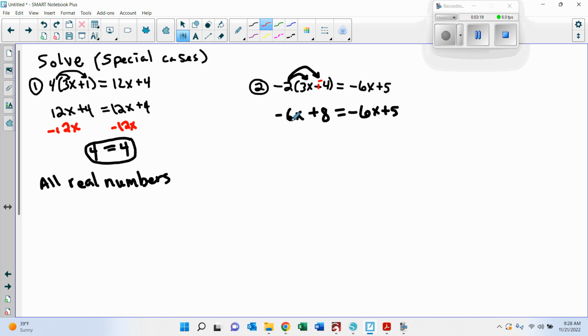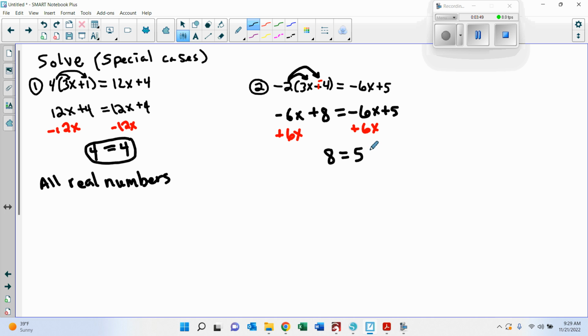Here we know we need to get variables on one side and constants on the other. It doesn't matter which one I try to get rid of. I'm going to add 6x to both sides. -6x plus 6x is 0, so I end up with 8 on the left. On the right, -6x plus 6x is 0, plus 5, so I end up with 5.